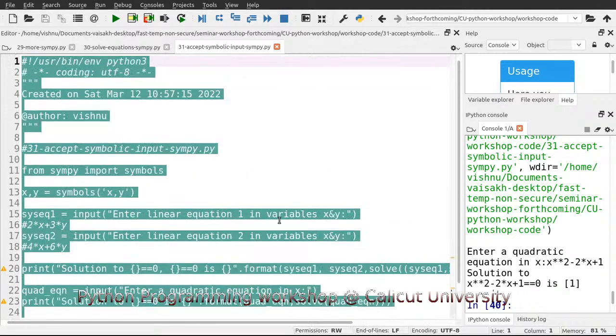So let me just copy this to the Google document. Oh, I have not updated after anti-logarithm, the previous one.